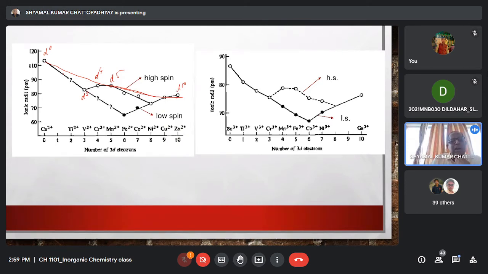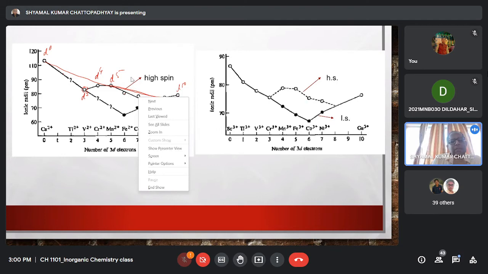So these kinds of changes, again, you can explain using CFSE. Here we have the highest CFSE for the high spin system, so you have the lowest metal-ligand distance. Then for d4, d5, d6, the CFSE decreases. It goes on increasing first of all, then it again decreases, because from d5 to d6 the CFSE increases, d6 to d7 the CFSE increases.